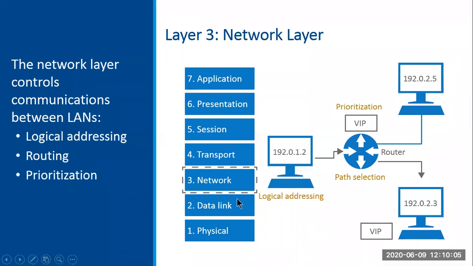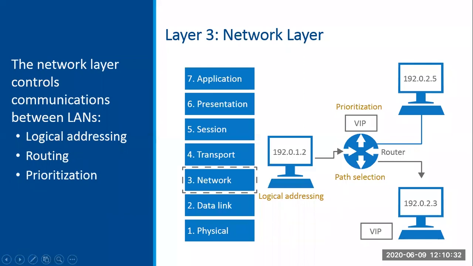The other function associated with the network layer is routing. Literally, the decision of how to forward the data to the appropriate destination is performed by the network layer. And then prioritization, sometimes called quality of service, determines which data is to be processed first or given higher priority over others, and so on.